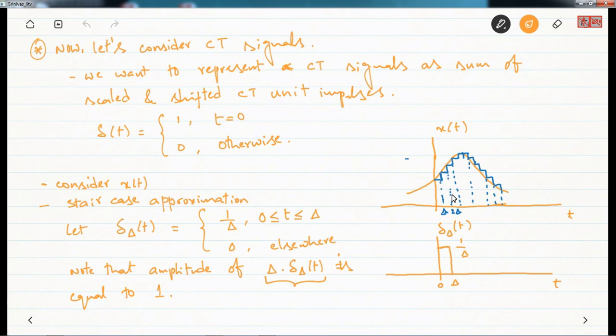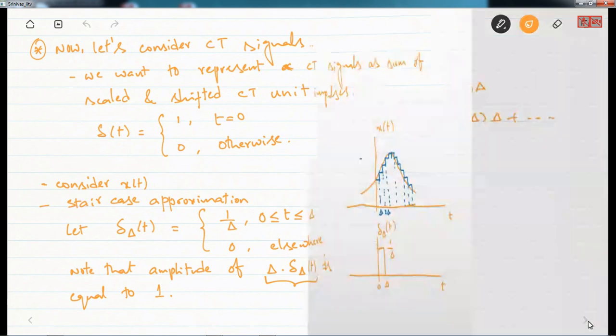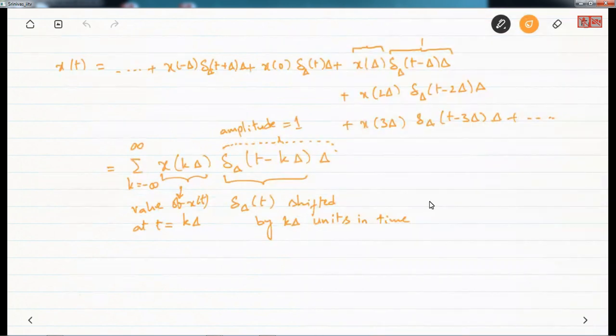This narrow pulse is multiplied with the value of x of t at delta, and this narrow pulse is multiplied with the value of x of t at 2 delta, and so on. So that diagram can be expressed as something like this, right?